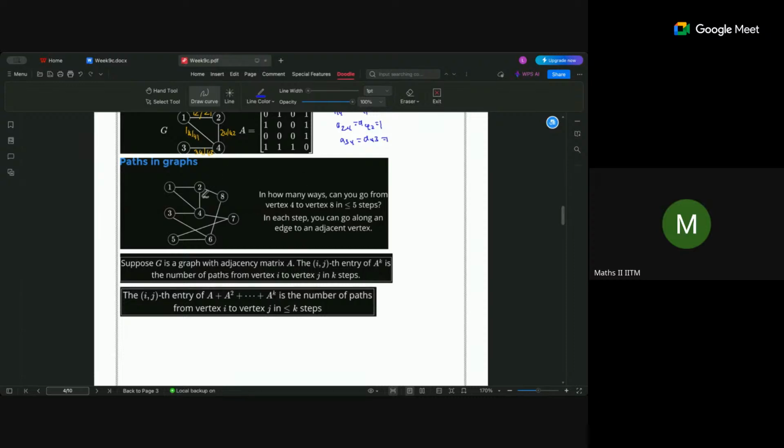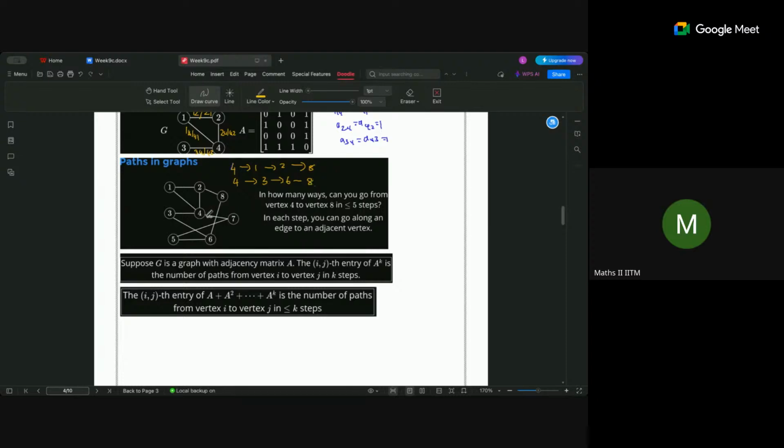So for example, here you can see that one way to go from 4 to 8 is 4 to 1 to 2 and then to 8. And then if you want to go through maybe 3, then how can we go? 4, 3, 6 and 8. So the steps you see, it is less than 5 only. You have only 3 steps.